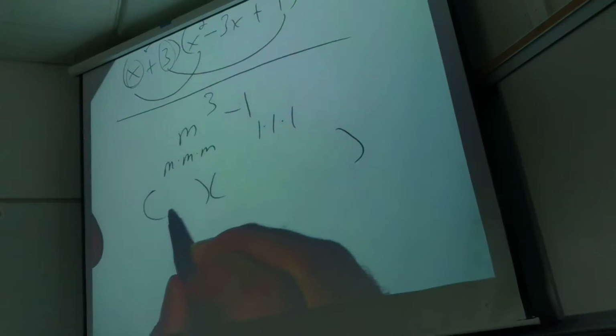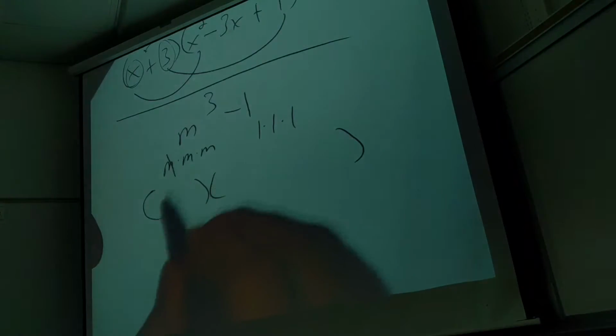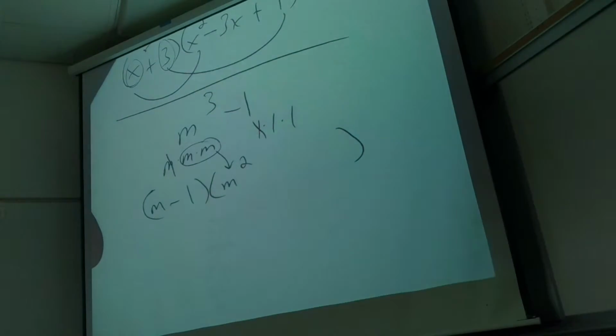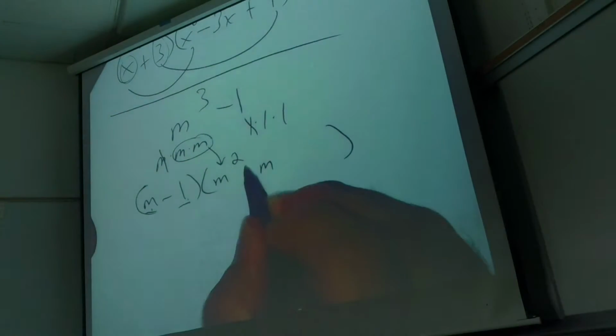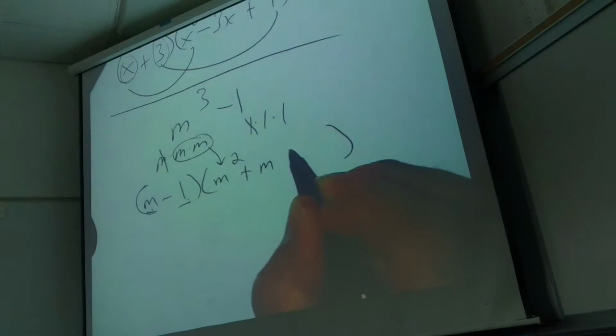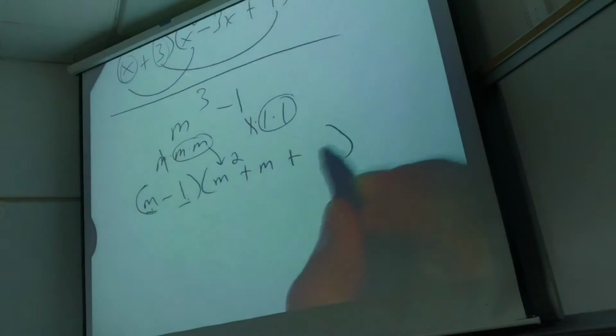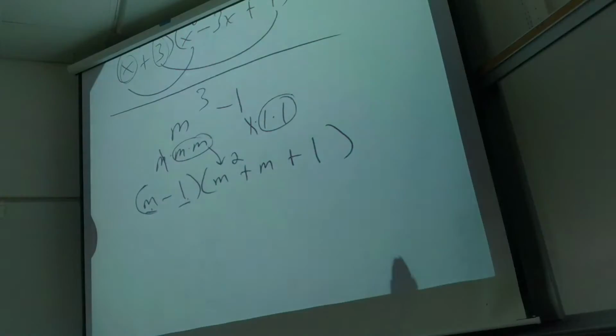What goes in the little dude? m minus 1, 1. Product of these, m times 1, and that's going to be plus, the opposite sign. This is always plus, and the other 2 1s, 1 times 1 is 1. And then that should look very familiar.